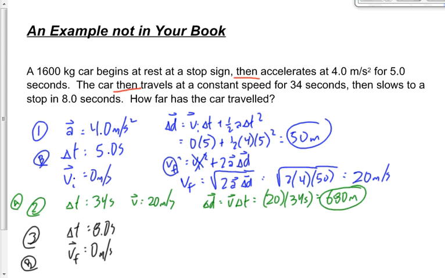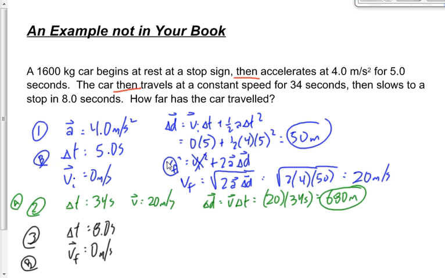Now let's go to our third stage here. Our third problem is, again, a group B problem because it involves deceleration this time. Do I have anything else there now in the third problem? Yeah? Okay.